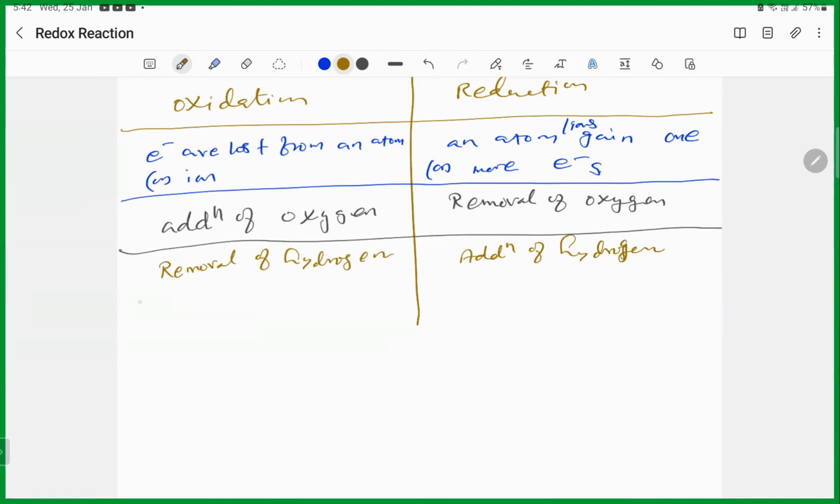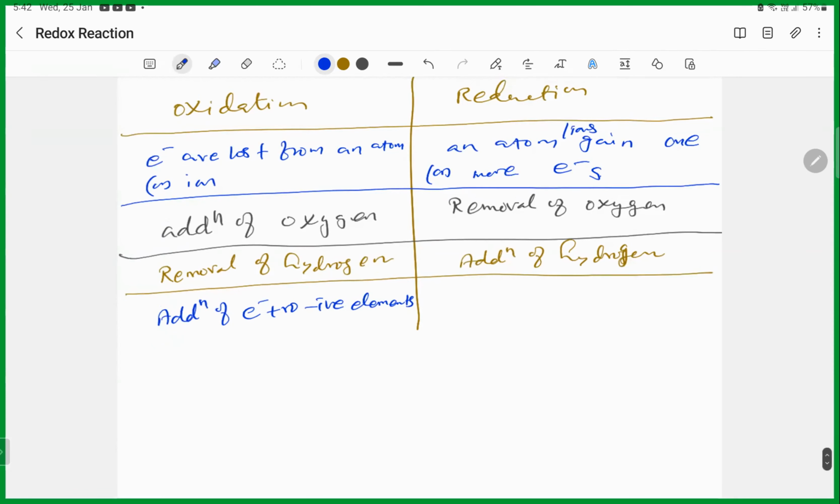Next, instead of addition of electronegative elements, what is the subsequent one?